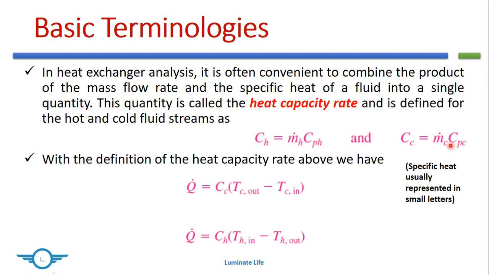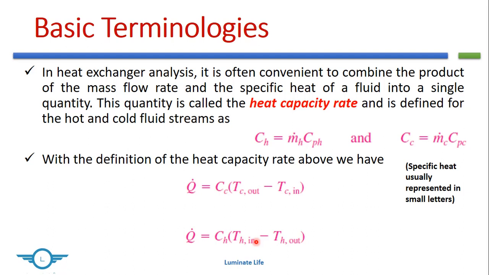Now again, the specific heats are usually represented by small letters. So by including this definition of heat capacity rate into the heat transfer equation, we can write Q dot equal to Cc into (Tc out minus Tc in), and the same Q dot in terms of the hot fluid will be Ch into (Th in minus Th out).